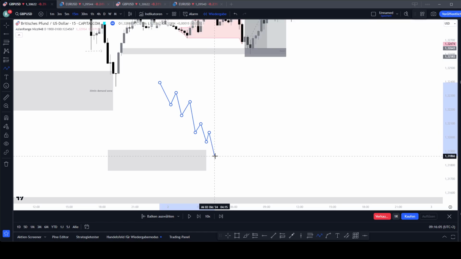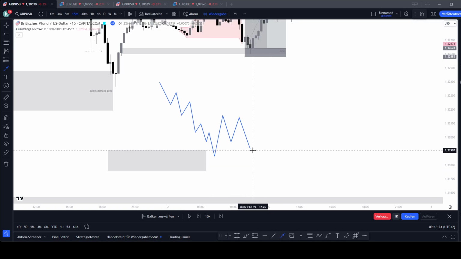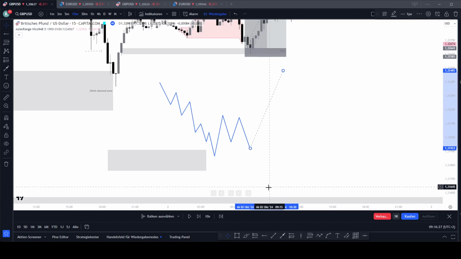Once price reacts within this zone and changes structure to the upside, we're expecting price to come back to another demand zone here, which could be formed in a lower time frame to give us that buy upwards. So this is how my setup is going to work.